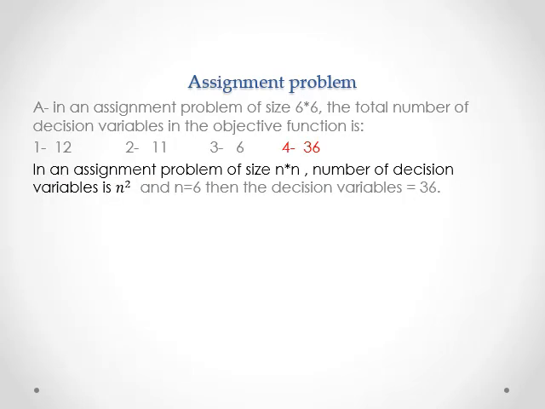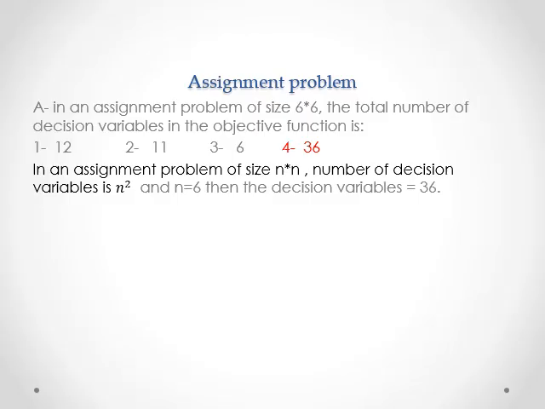An assignment problem of size 6 times 6, the total number of decision variables in the objective function is 12, 11, 6 or 36.